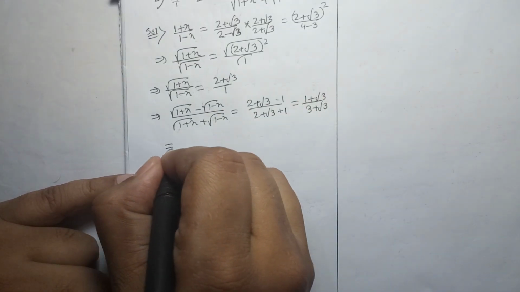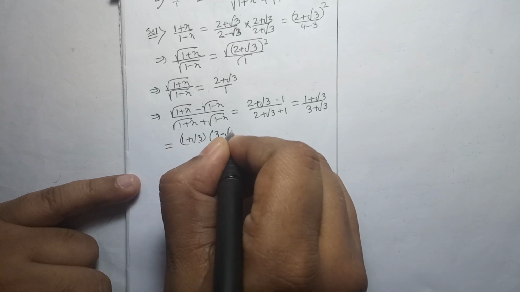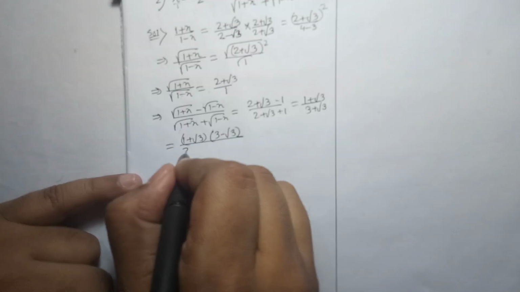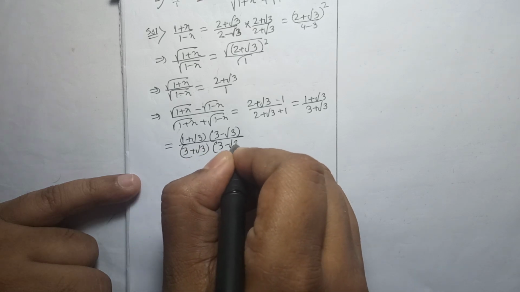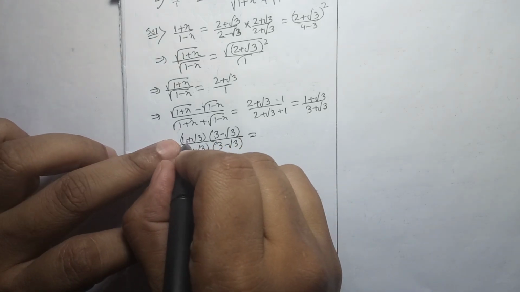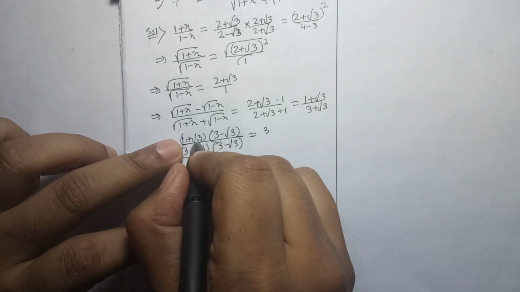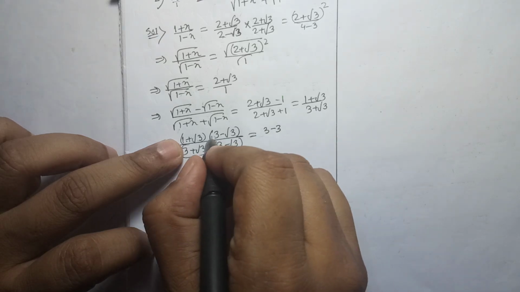Again you rationalize this thing with what? 3 minus root 3 by 3 plus root 3 by 3 minus root 3. So this will give you 1 into 3, then root 3 into 2, this is also minus 3.